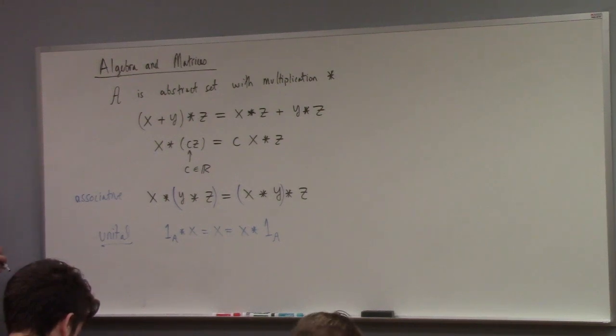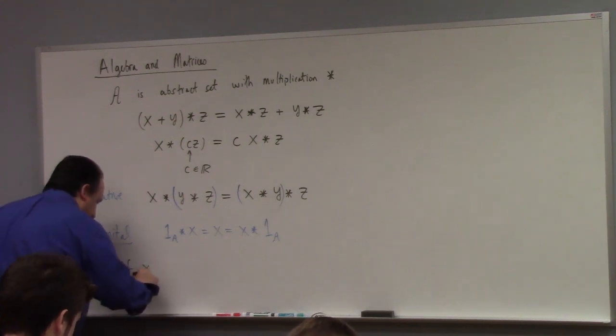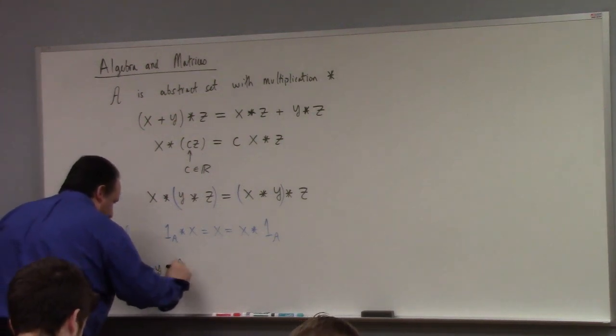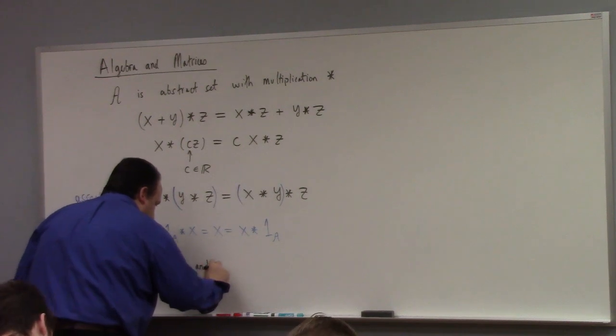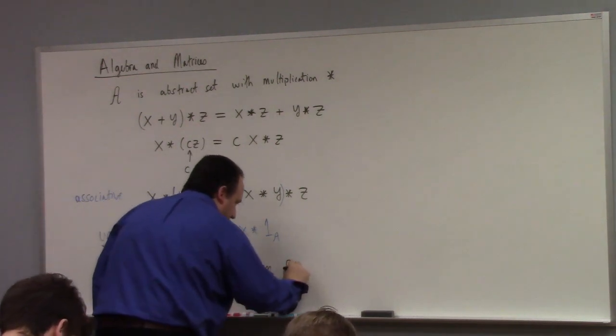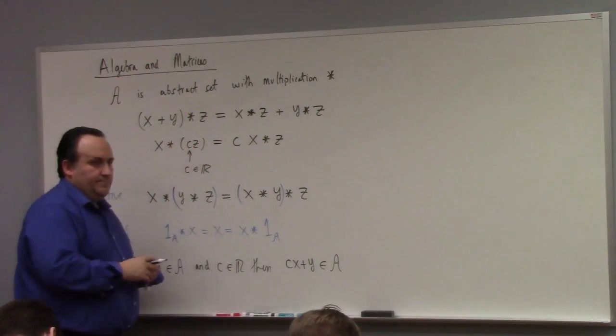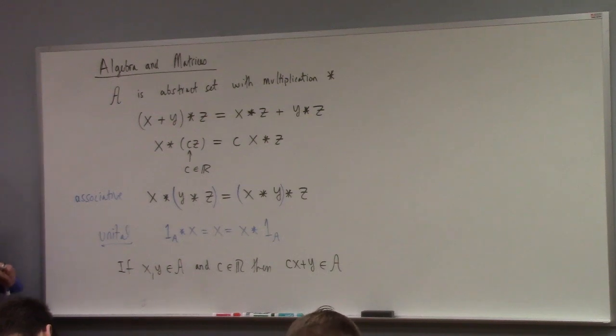The algebra is also such that if I had x and y in the algebra and c was a real number, then cx plus y is again in the algebra. So to put that into words that I'll talk more about next class, that would make the algebra what's called a vector space.